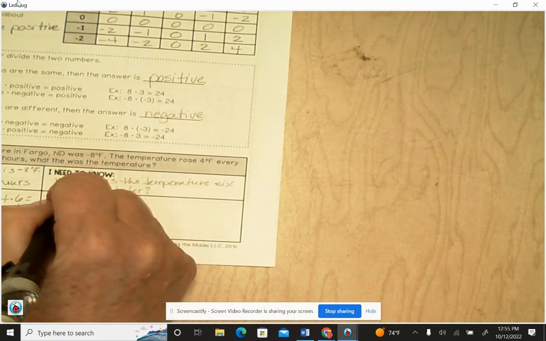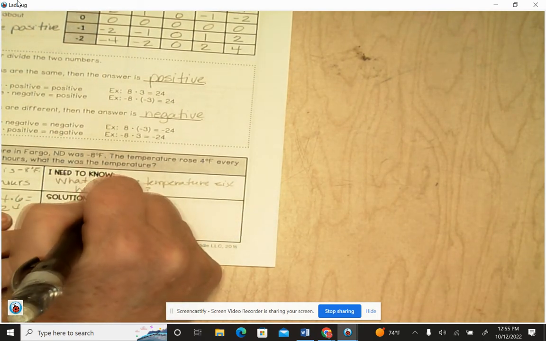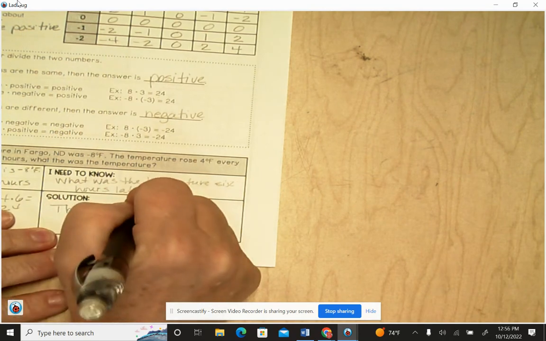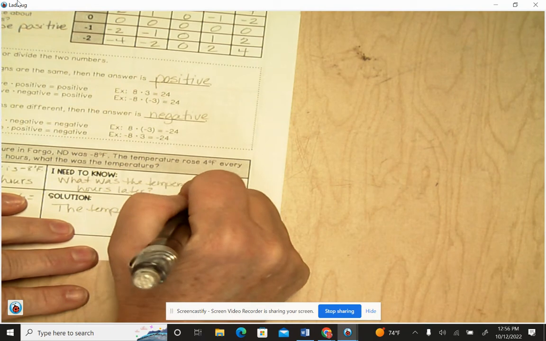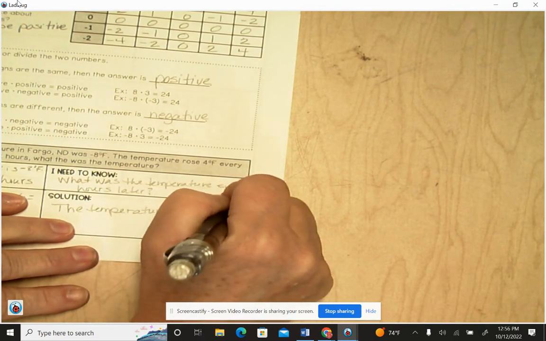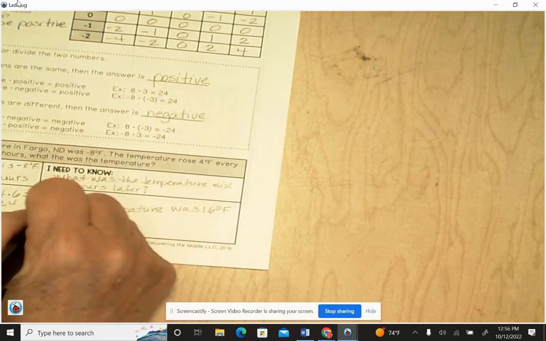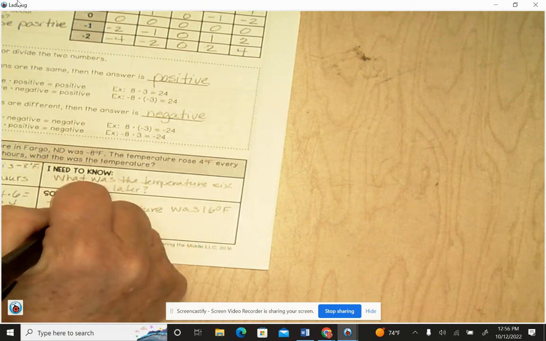So the solution is the temperature was 16 degrees Fahrenheit after 6 hours.